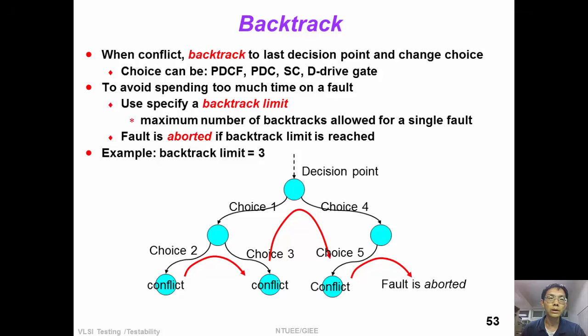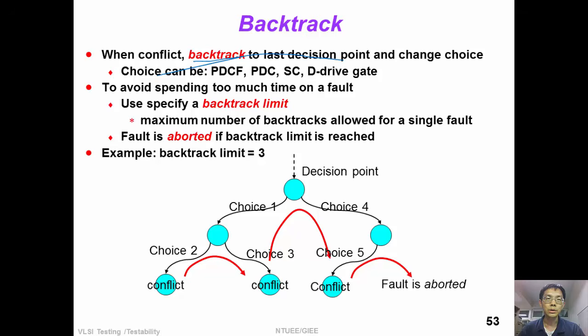When we run this D-algorithm, if any conflict occurs during the algorithm, we need to backtrack to our last decision, and we need to change our choice.